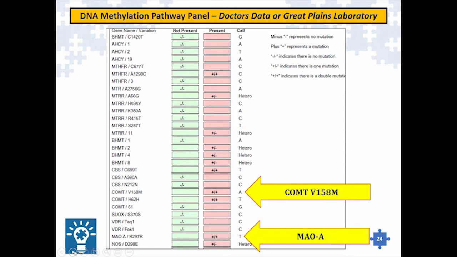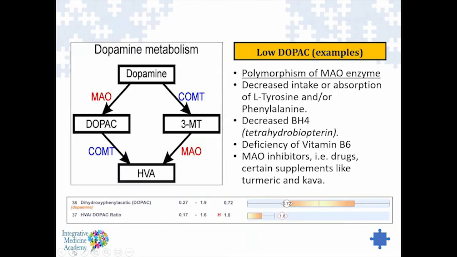Another genetic marker is MAOA, or a mutation in the MAOA that again affects the overall function of MAOA, because that too might impact DOPAC. In that particular scenario, however, the levels would tend to be low, right? Because MAOA is necessary to convert dopamine to DOPAC.